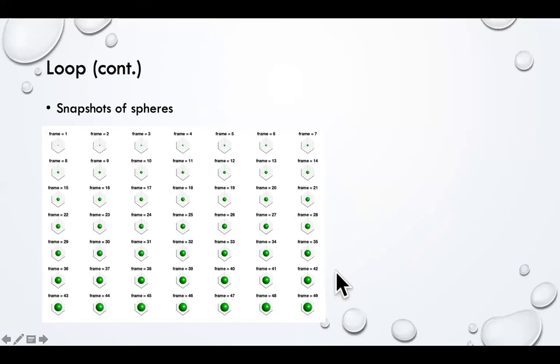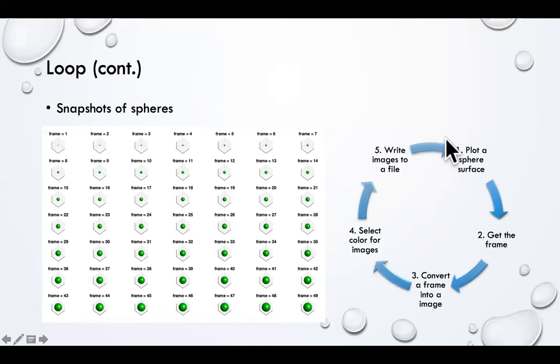So for the animation, the basic idea is I plot one sphere, any one of them, then I get a frame which I capture. It's kind of a screenshot. I get one frame for each piece of data I have.